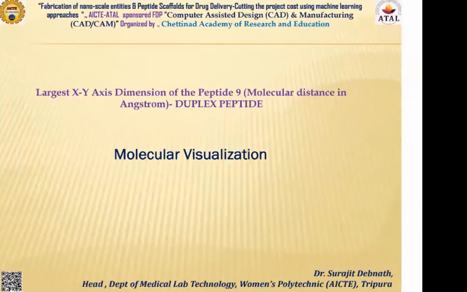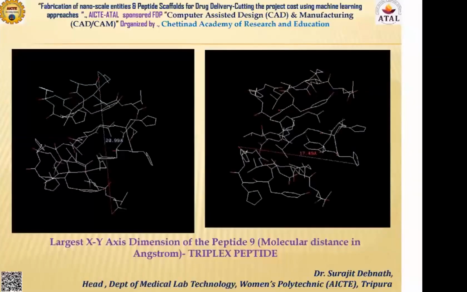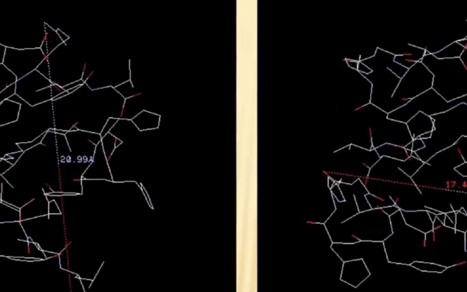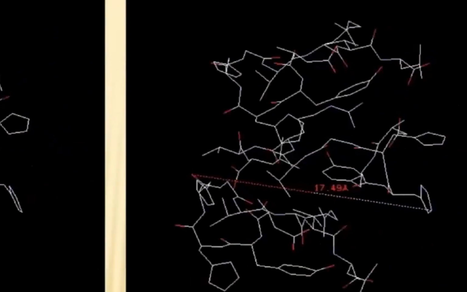And when we made it into a tripeptide, with 3 peptide molecules side by side, this is also within nanoscale range. If you can see, the largest axis is 20.99 angstrom, and the small axis is 17.4 angstrom.